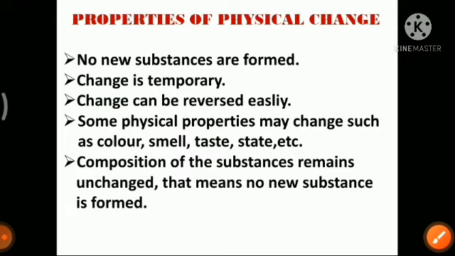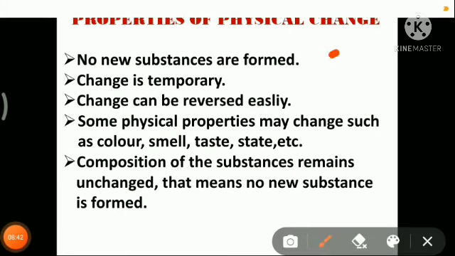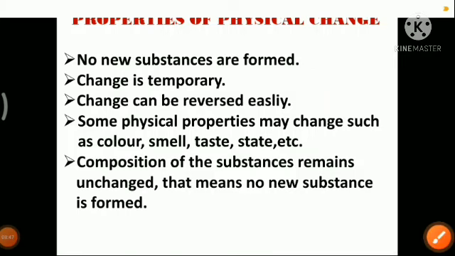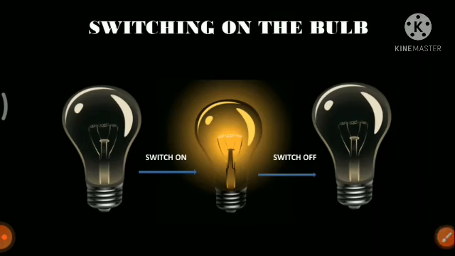From this we can conclude and write down some properties of physical change from the examples we have considered. First, no new substances are generally formed during a physical change.